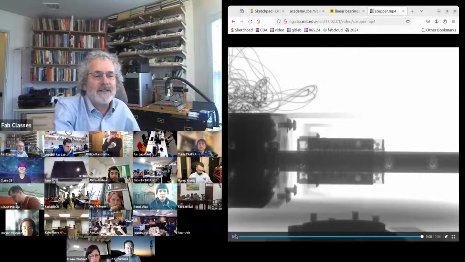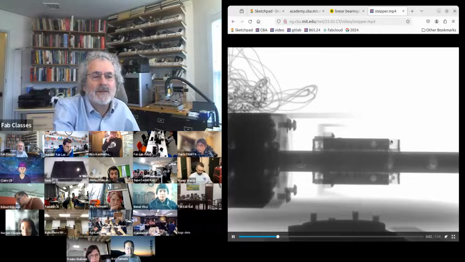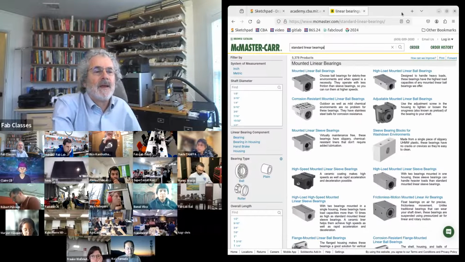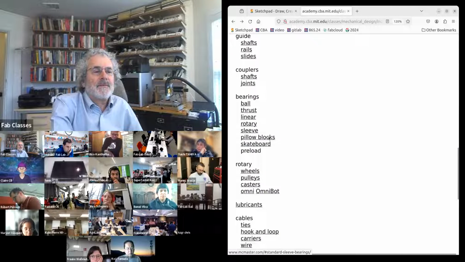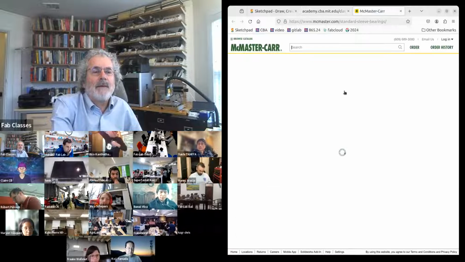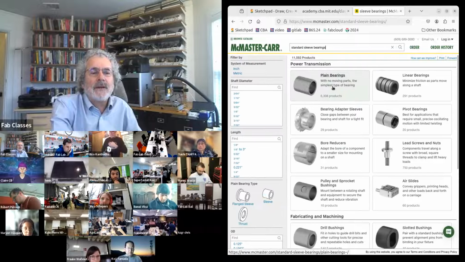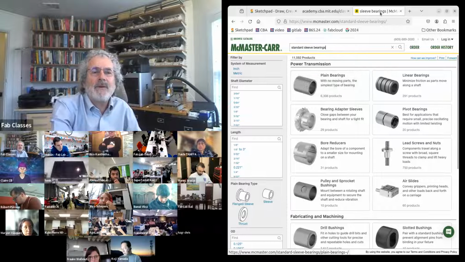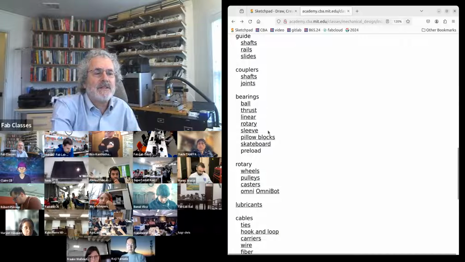And so if you look carefully, you can see the balls recirculating. Sleeve bearings are loaded materials that are impregnated that, depending on the load, can be good enough for the lifetime of a machine.